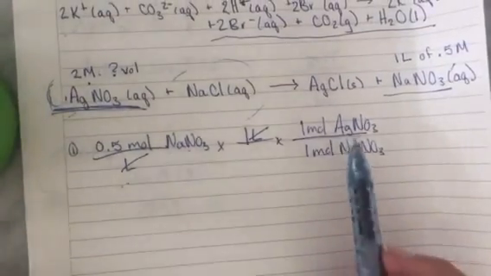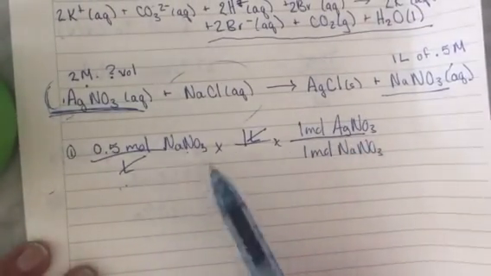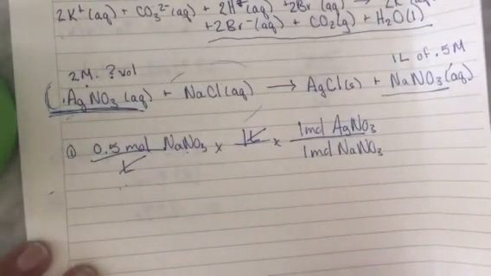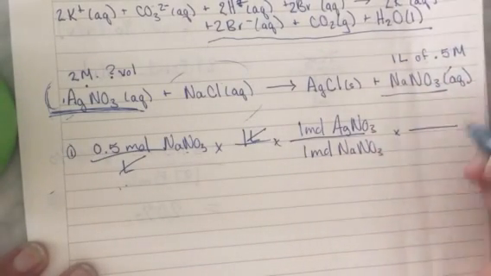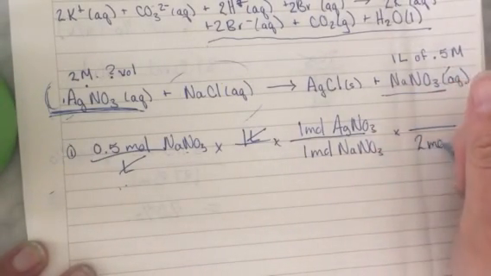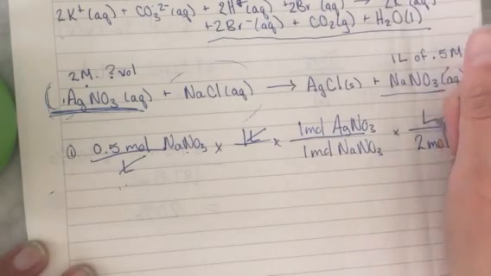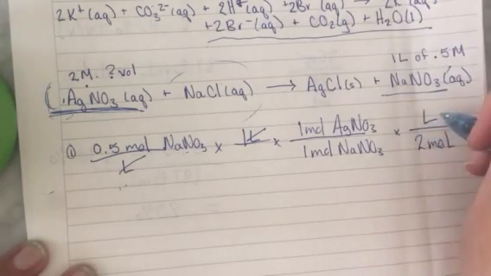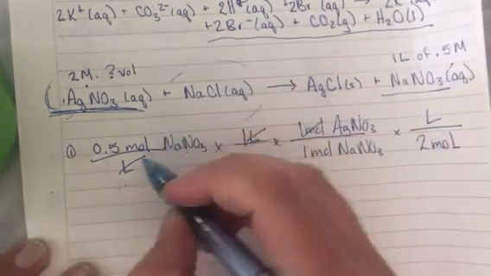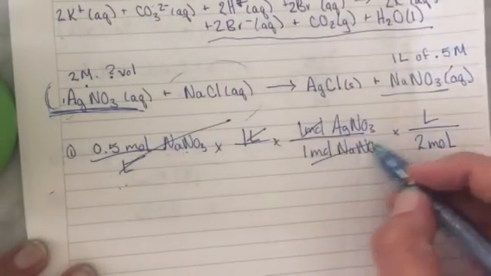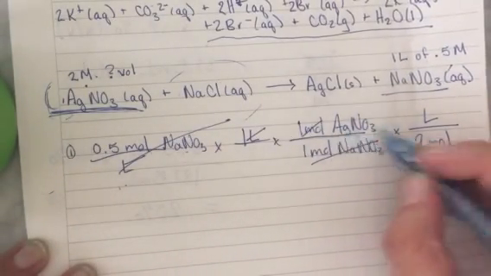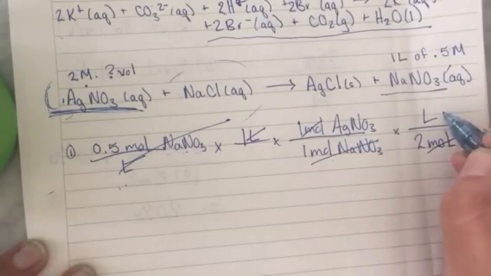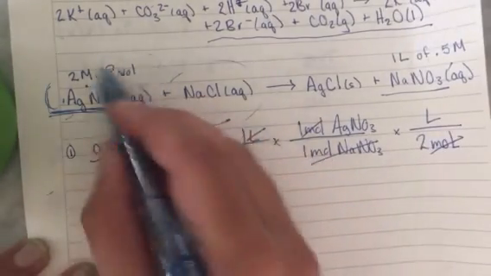Now I'm in moles of silver nitrate. And what else do I know about it? Well, I know its concentration. So if I divide by 2 moles per liter of it, then I have to cancel my moles of sodium nitrate and my moles of silver nitrate, and I'm in liters of silver nitrate, which is exactly what I want, right?